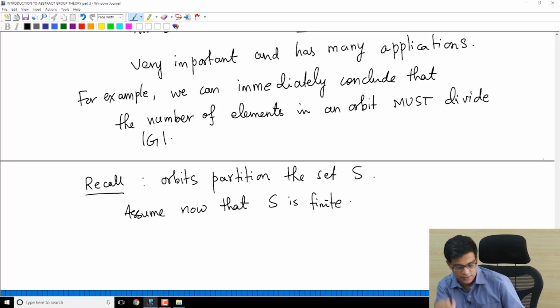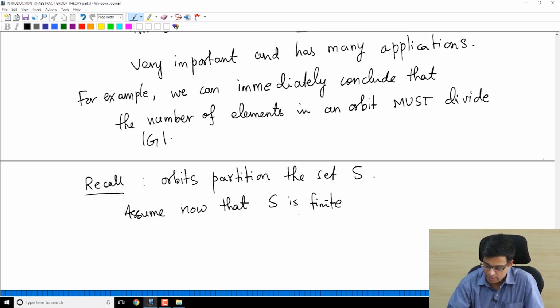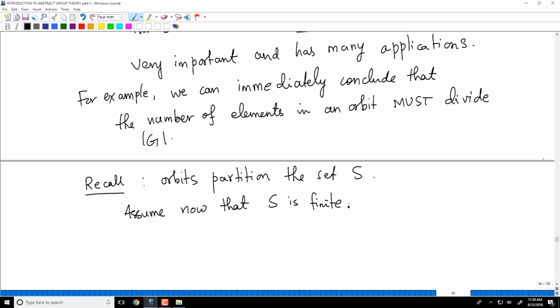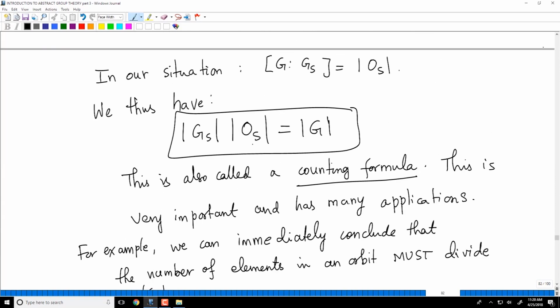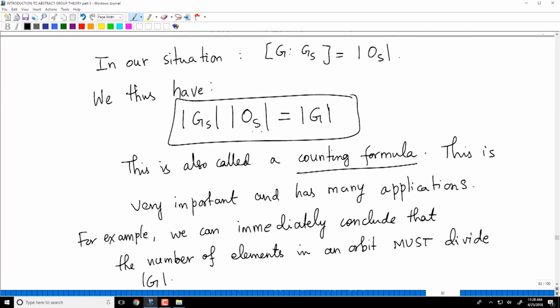Everything that we have said until this point, the set S need not be finite, because even in the counting formula the size of S is irrelevant, only the size of the orbit is relevant. So in particular, the counting formula says that if G is a finite group acting on an infinite set S, the orbits are still finite. Orbits cannot be infinite because the orbit size must divide the group size. The set S may be infinite but the orbits must be finite.